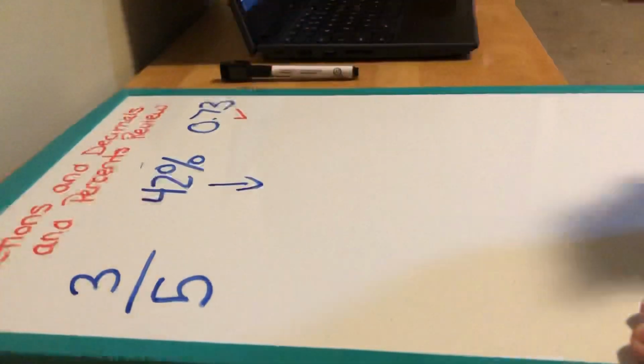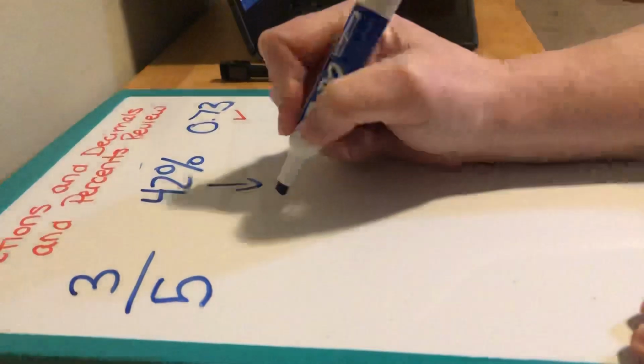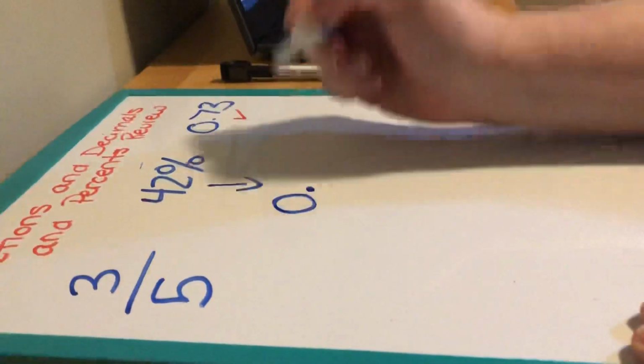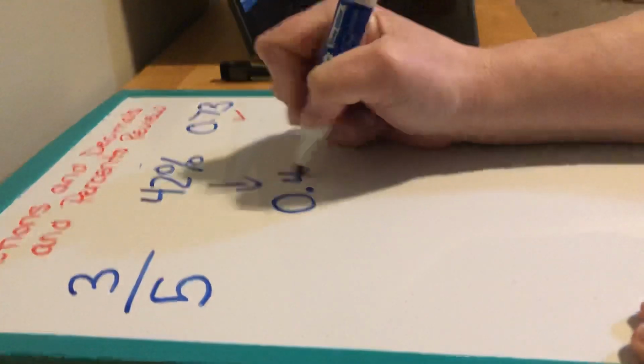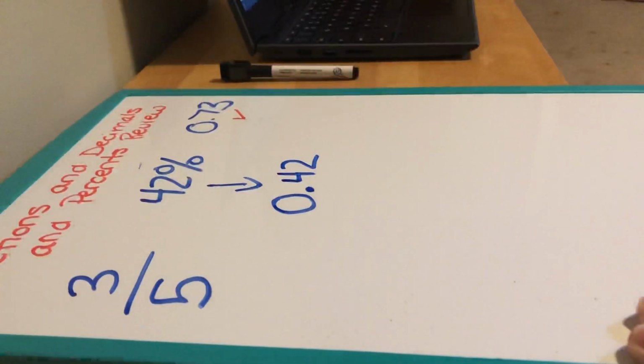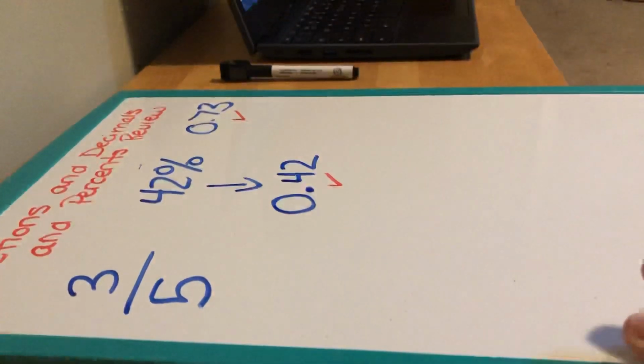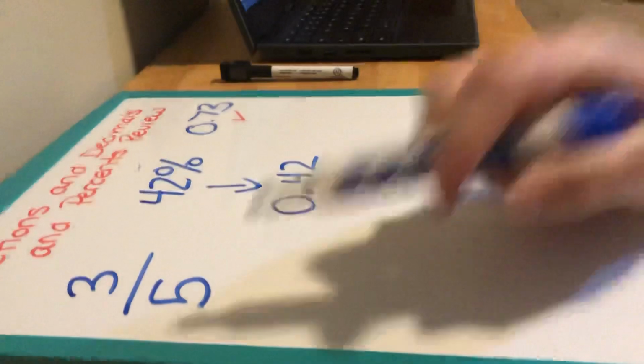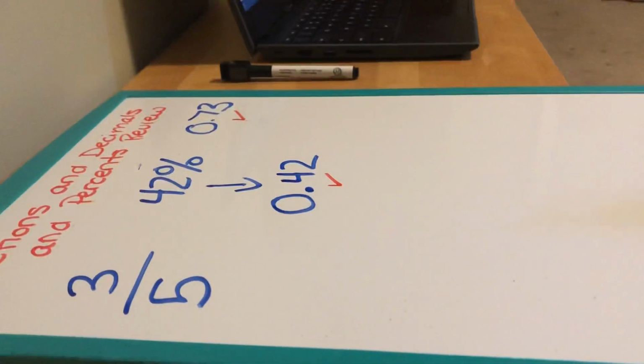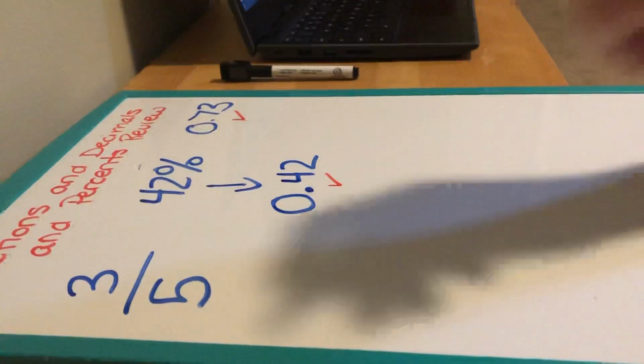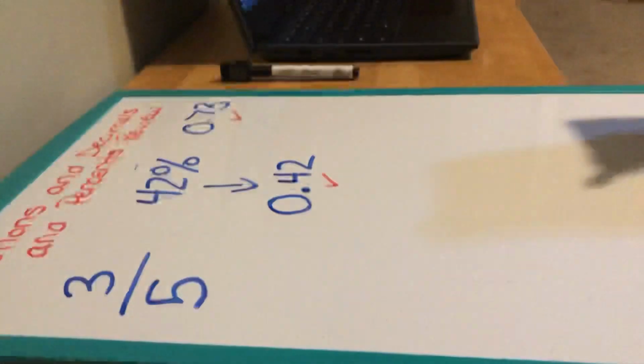42%, in order to turn it into a decimal, I just take off the percent sign, I add my 0 point, and I get my 0.42. It is now in a decimal. Check. So now I'm left with the fraction. So what I need to do is bring it to a denominator of 100.